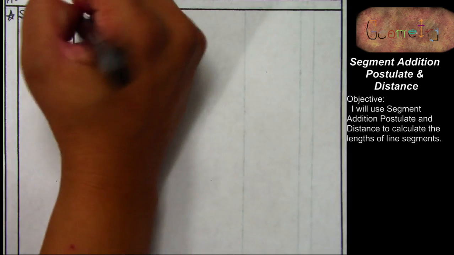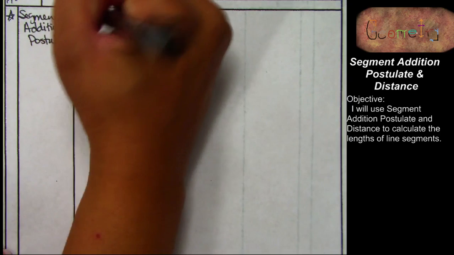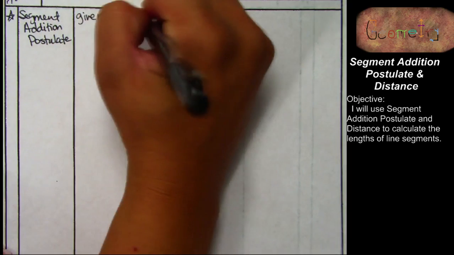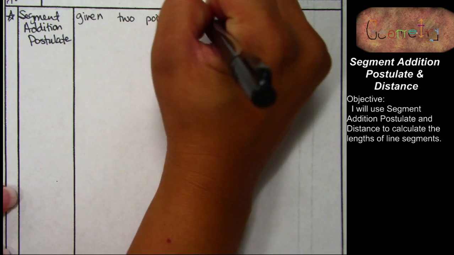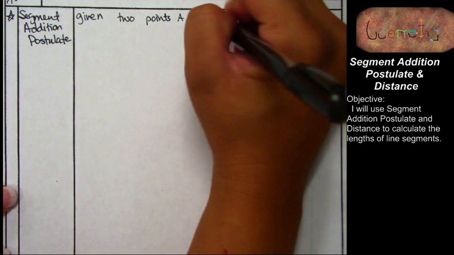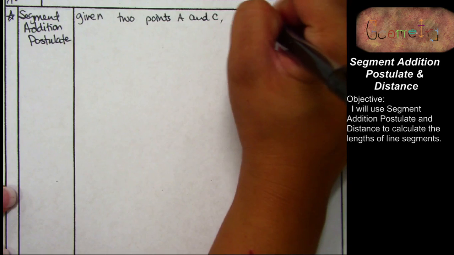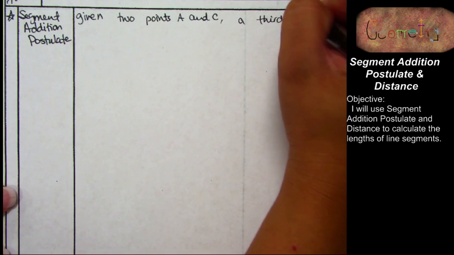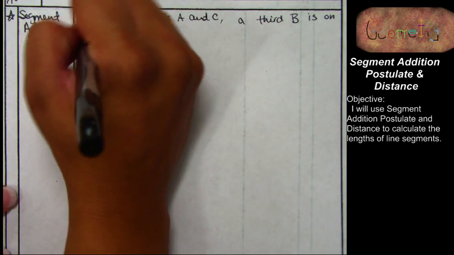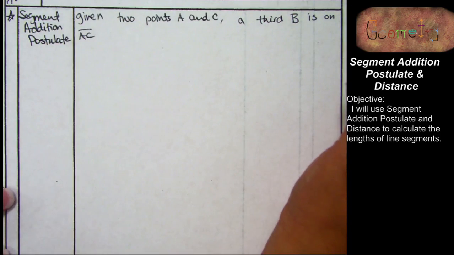The segment addition postulate says this. Given any 2 points, which we'll call A and C, we can say that a third point B is on the line segment formed by those 2 points.